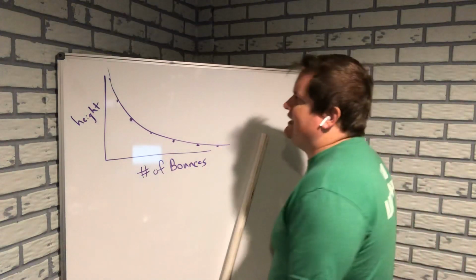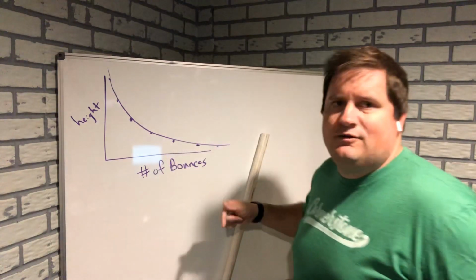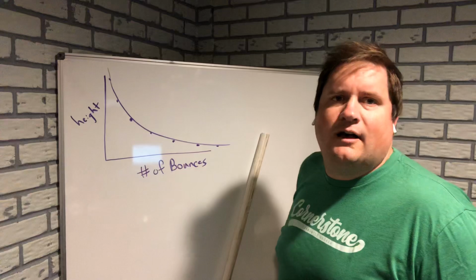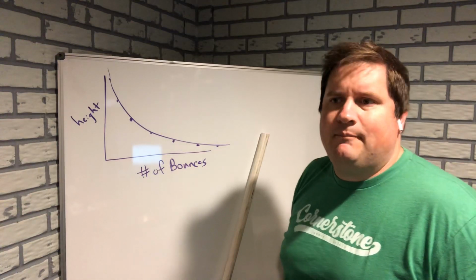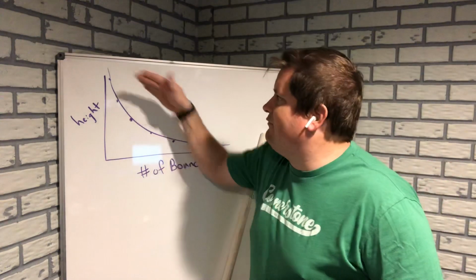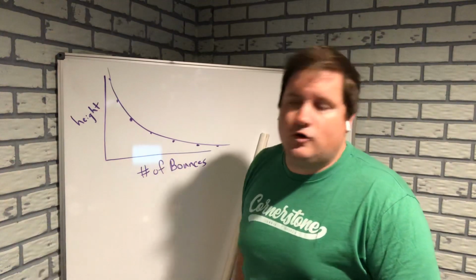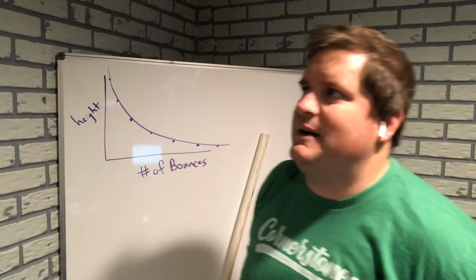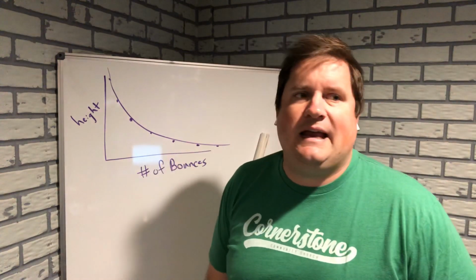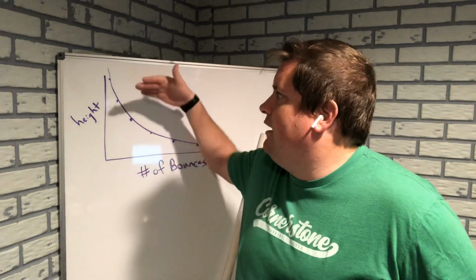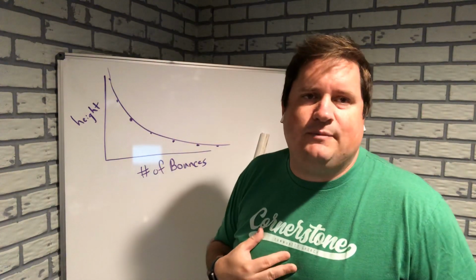But what we see here is, one, we don't see the same amount of energy lost each time. And part of the reason for that is because every bounce, there's less total energy to lose. So if you think about it, exponential decay is basically a percentage of the energy being lost each time.